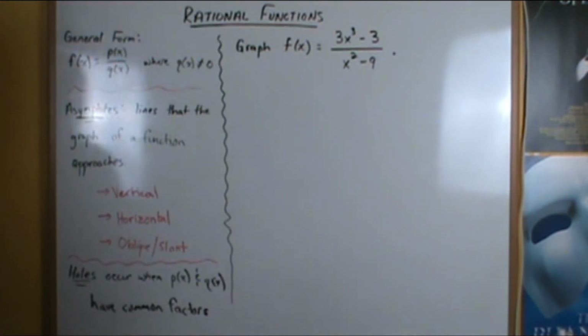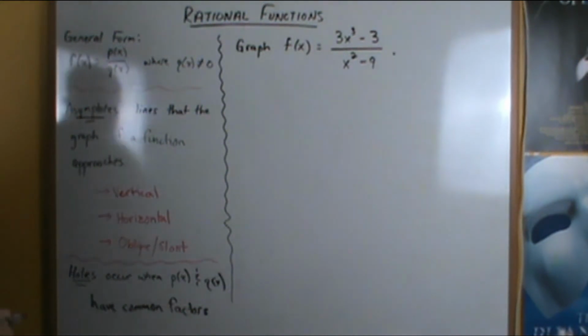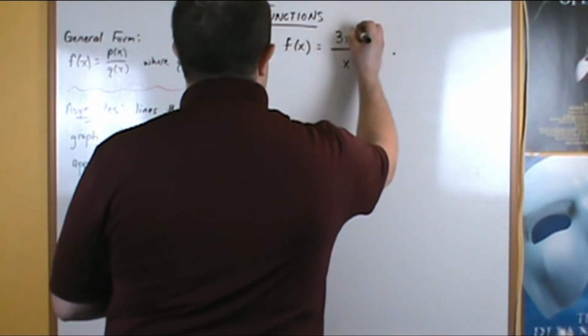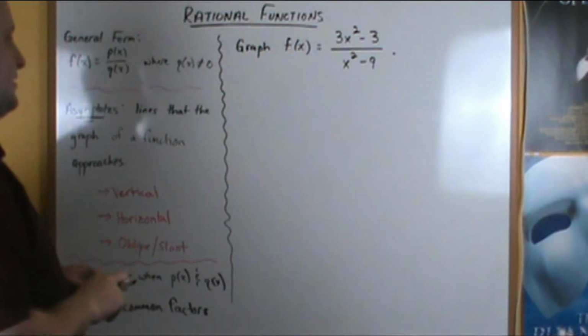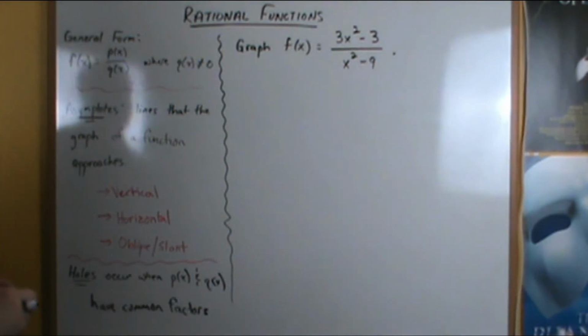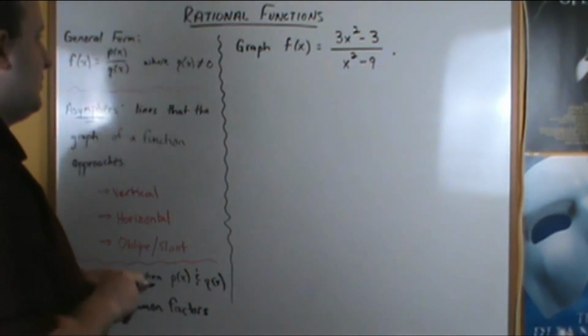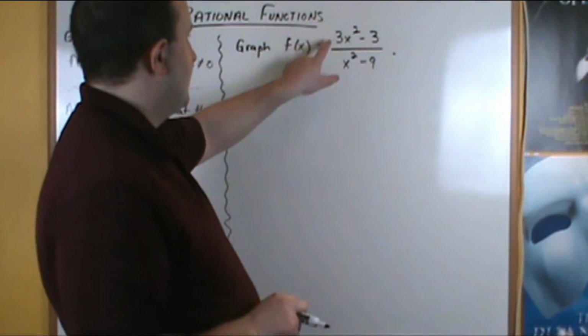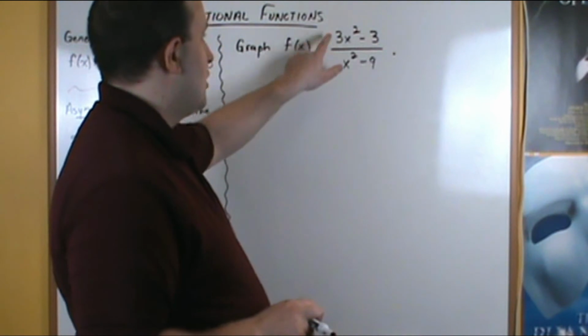Alright, let's look at a second example here. Let's graph this function f of x equals 3x squared minus 3 divided by x squared minus 9. But you'll notice the degrees of the numerator and denominator are equal.